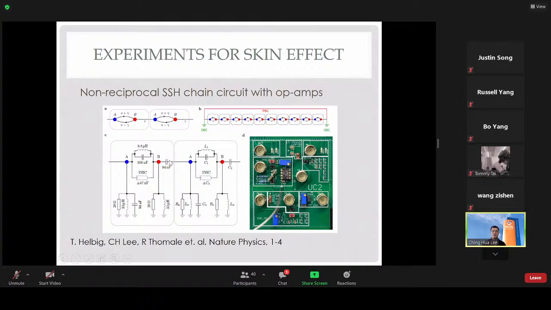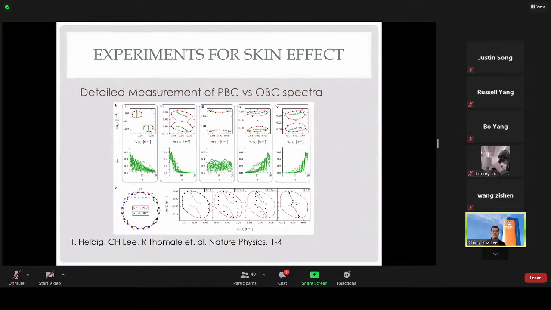And what's interesting is that when you do the impedance measurements and the band structure reconstruction by combining the data from many different impedance measurements, we actually managed to reproduce exactly the bulk boundary correspondence breakdown. So for example, the PBC spectrum for some cases will be a loop.